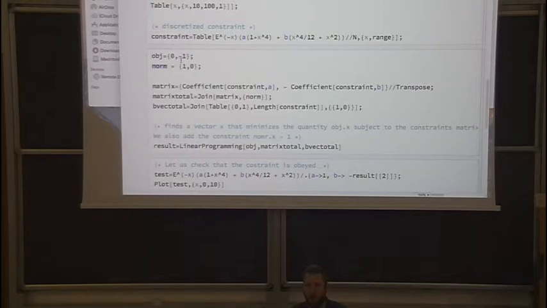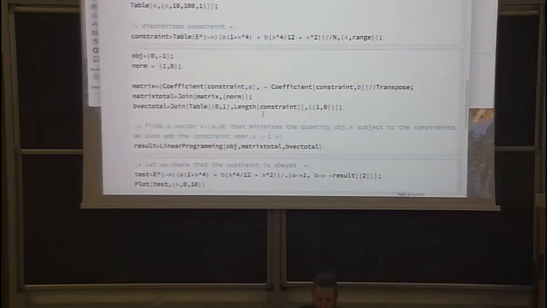Is the problem clear and the geometrical picture clear? So the function that I'm using is called LinearProgramming, not surprisingly, and it takes 3 entries. One, obj, is the vector that you want to minimize. So this function here finds a vector x, which in our notation is going to be AB.